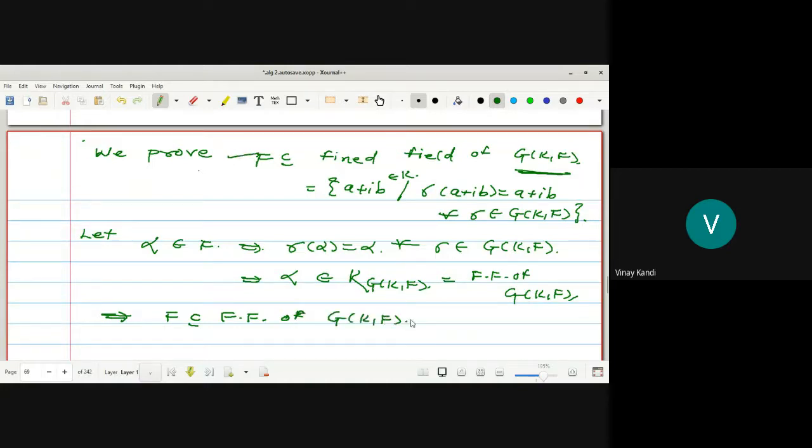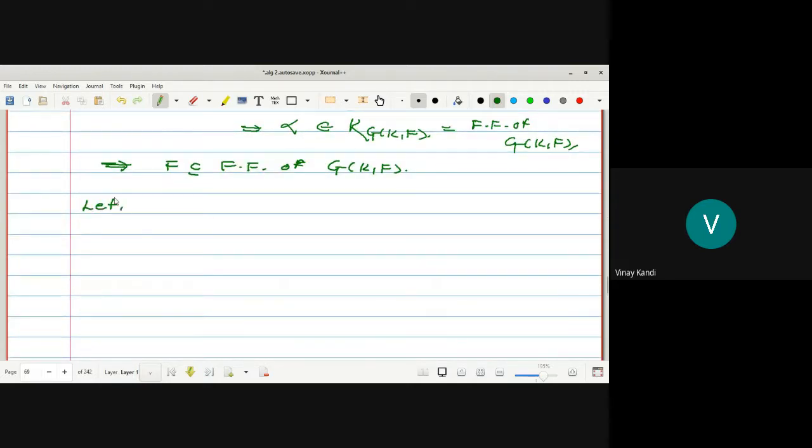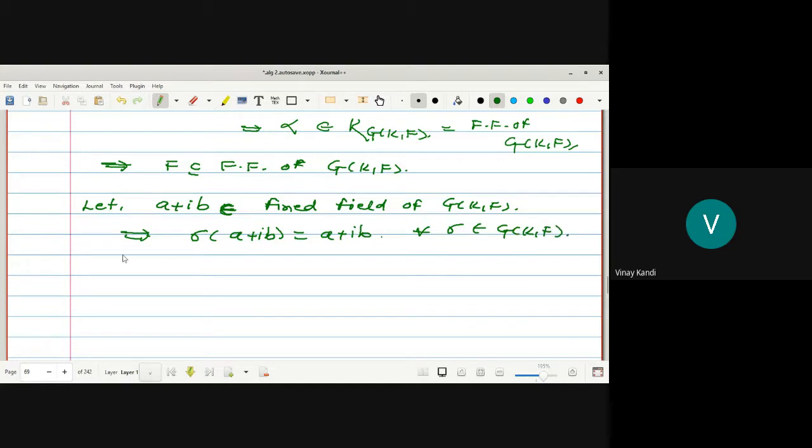Now suppose A plus IB is an element from the fixed field of GKF. So sigma of A plus IB is equal to A plus IB for all sigma belonging to GKF.